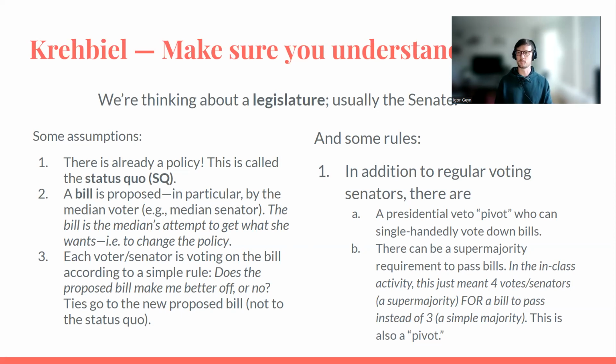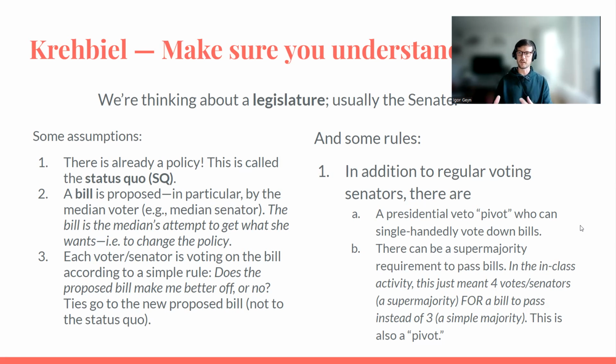They vote for the newly proposed bill if they're better off. In cases of a tie, where they're equally well or badly off under the newly proposed bill and the status quo, the tie is broken in favor of the newly proposed bill. It could have gone the other way, but just by convention, that's how it goes in this class.